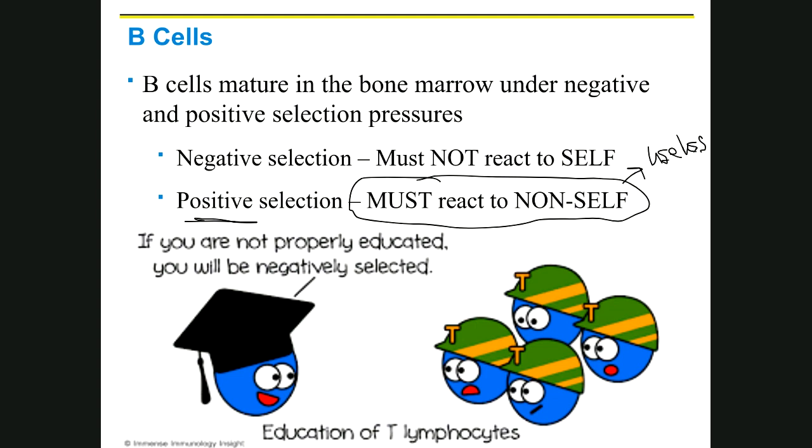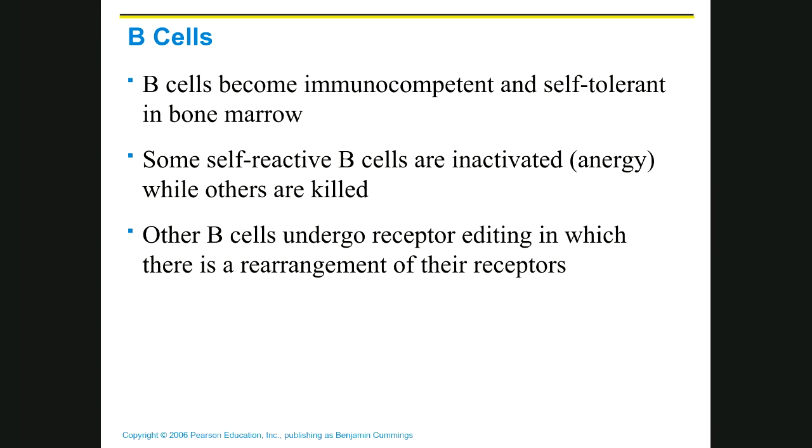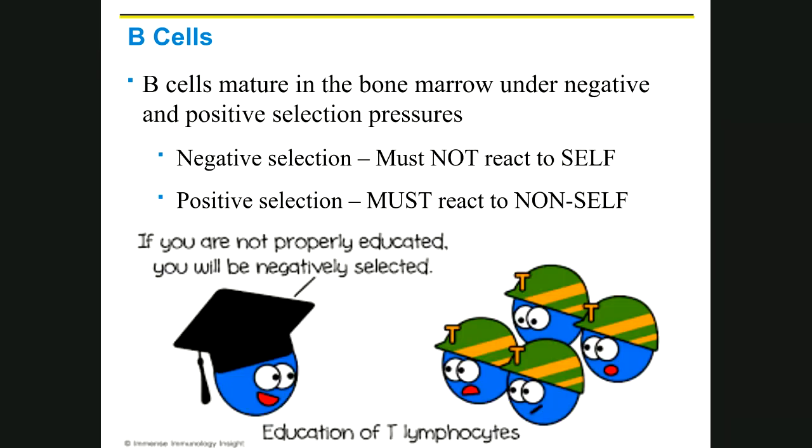Well, if these cells fail either one of these, they're destroyed. They're killed. At least if you go somewhere to take an exam and you fail it, they don't pull out a gun and just shoot you. But that's what happens here. If these cells fail either one of these tests, they're killed.